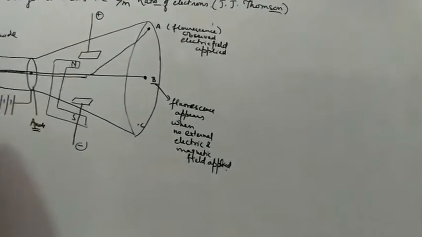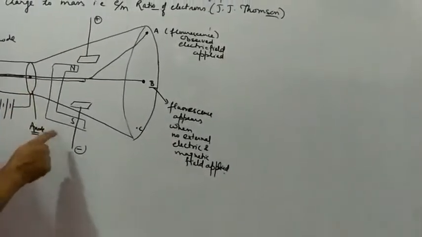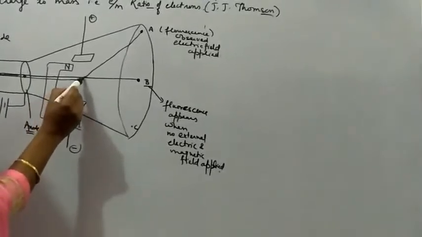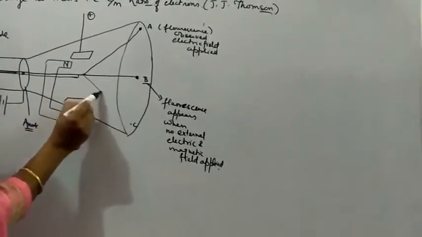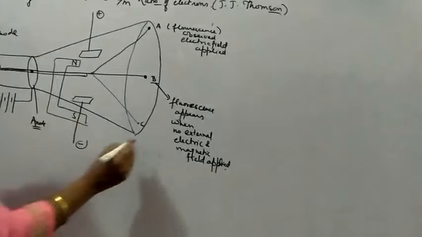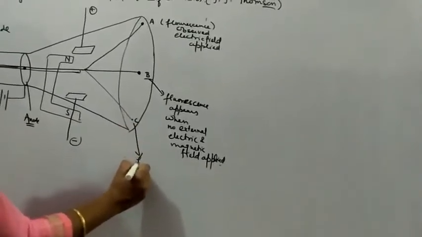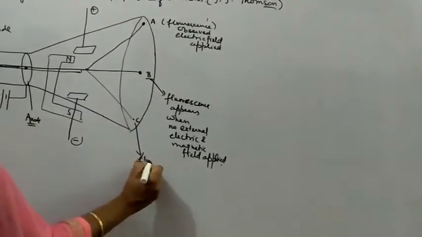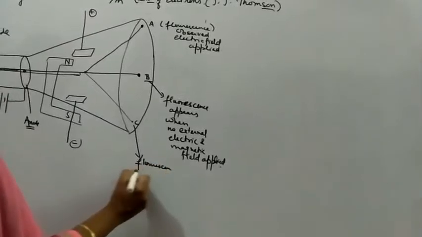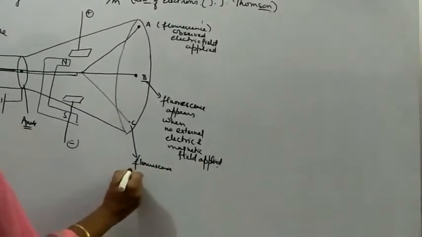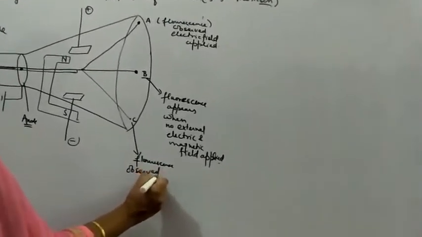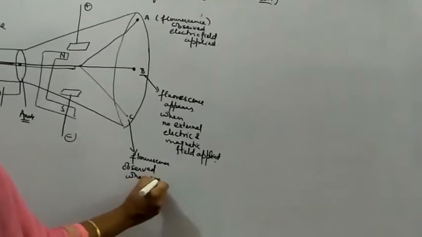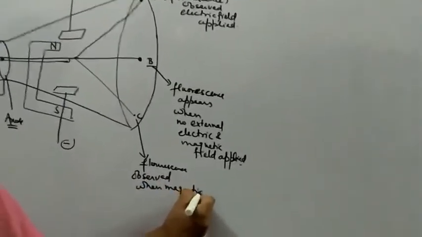Now what is observed in the next case? The cathode ray is going to strike at point C. So this is point C, that means here the fluorescence is observed when the magnetic field is applied.